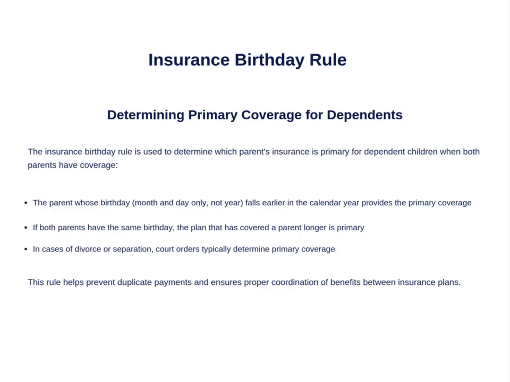So let's just say if one is born in August and one was born in December, whoever parent was born in August, their insurance will be billed first, and then whatever's not covered, they'll bill to the second insurance. If their birthdays just happen to both be August, then whoever has had their insurance plan longer, that's who they'll bill first. If they were divorced or separated, typically there's a court order that determines whose insurance gets billed first.